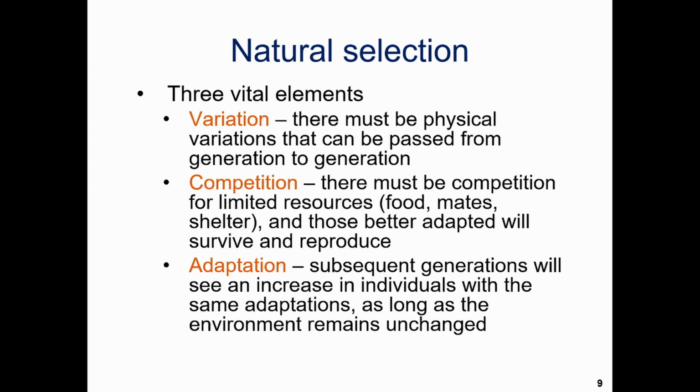There are three main things required for natural selection to work. Number one, there has to be variation. There need to be physical differences between the individuals in a group. Those differences must be inherited, and the ultimate source for all of these differences is mutation. While we have talked about mutation in terms of things like cancer, and it seems very negative, sometimes mutation can be a good thing.